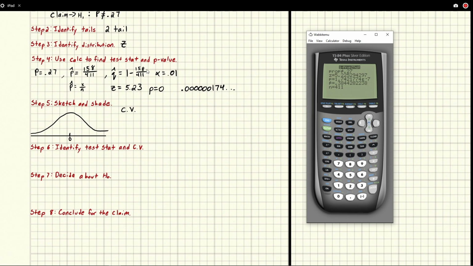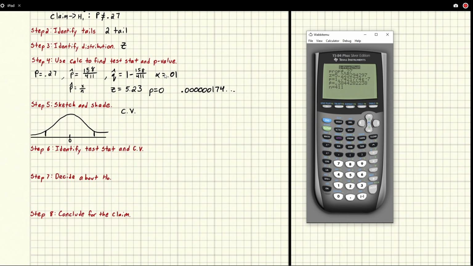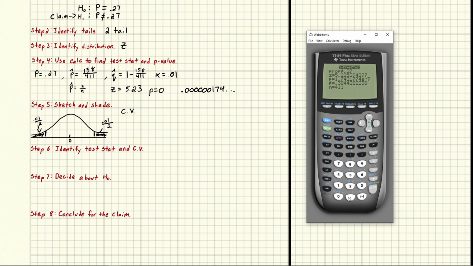So the way we find a z-score that corresponds to 0.01, right? Because there's some down here and some down here because it's a two-tail test, like we discussed earlier. So that means 0.01 over 2 is in here, and 0.01 over 2 is right here. So we're going to have 2 critical values. They're going to be the z-scores that go with these 2 spots, where if it goes beyond this, it's too far. So that's just going to be 0.01 divided by 2.